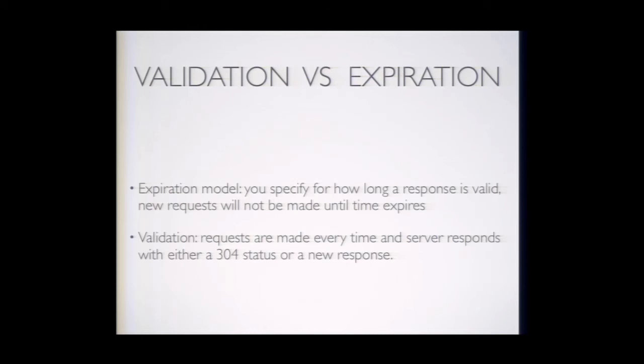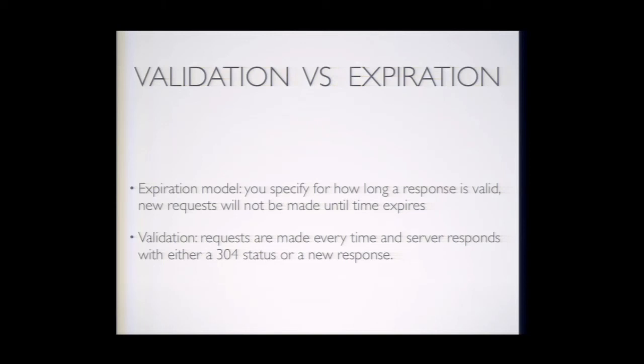So you get an idea of the two models in HTTP caching: expiration versus validation. With the expiration model, you tell the client for how long it should keep the cache stored on its local machine or the shared proxy. That's usually for assets like CSS, JS, or whatever, when you know in advance for how long they will be valid.